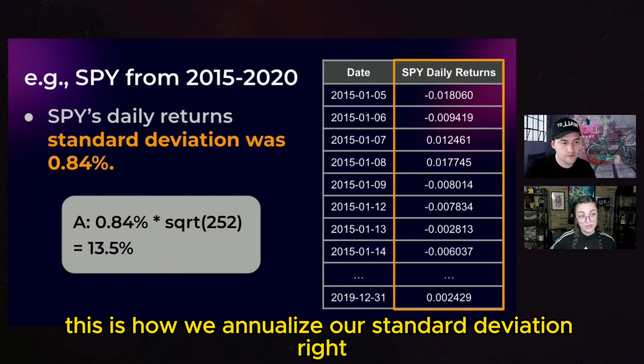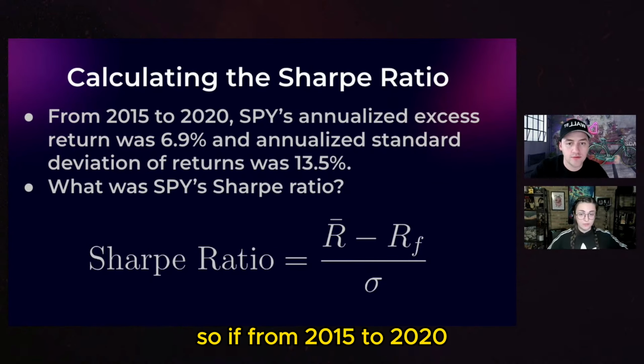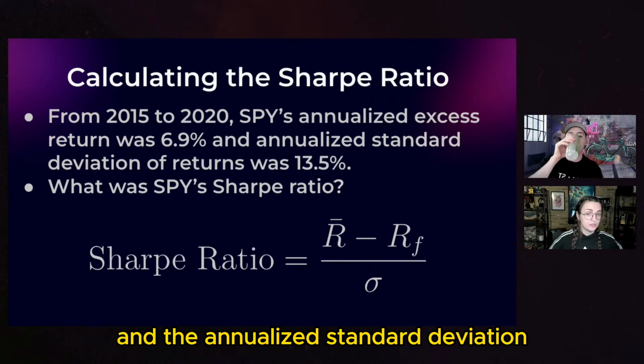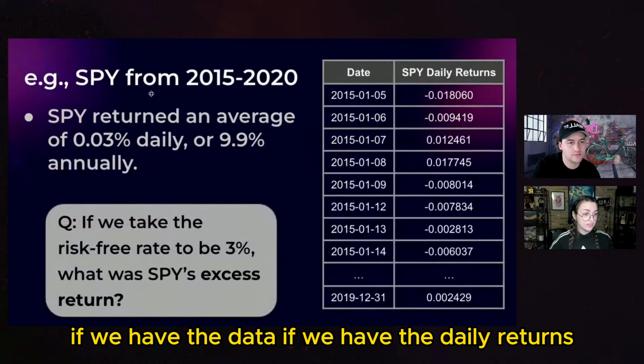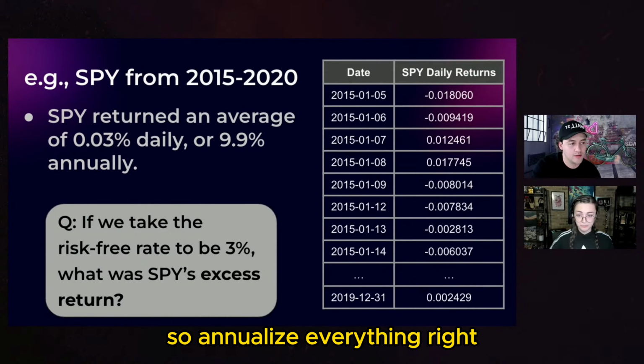So that's how we calculate our excess returns. This is how we annualize our standard deviation, right? So now when it comes to calculating the Sharpe ratio, if from 2015 to 2020 SPY's annualized excess returns was 6.9% and the annualized standard deviation of returns was 13.5%, what is the Sharpe ratio? If we have the daily returns, all we need to do is remember to standardize everything, so annualize everything, right?